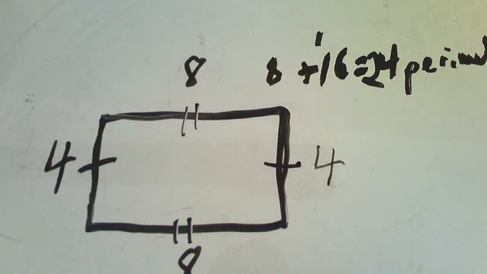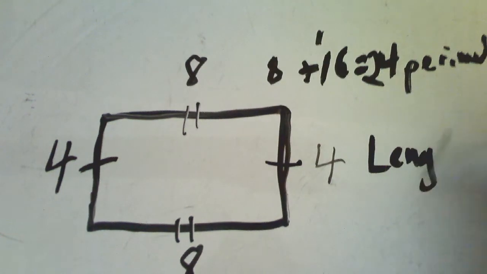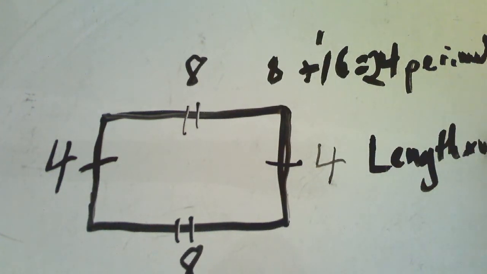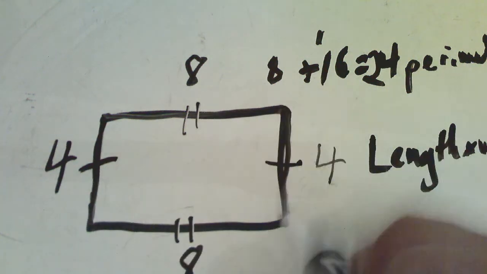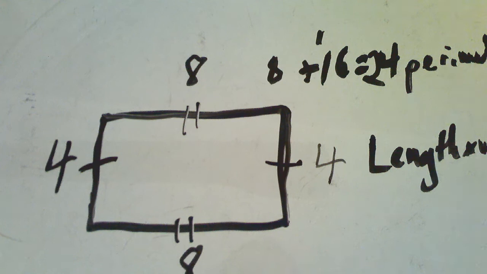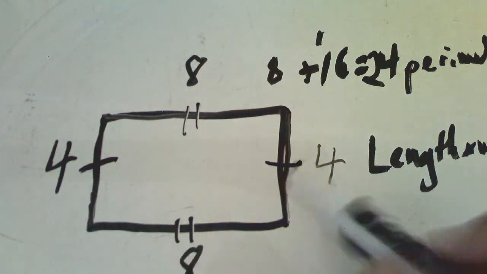Then for area, you're going to do length for the long side times the width, the short side. So this side, the long side times the short side. With multiplication, we can do them in any order, but this just helps you remember it. Length times width gets you area. Okay, so what I'm going to do is I'm just going to do 8 times 4.